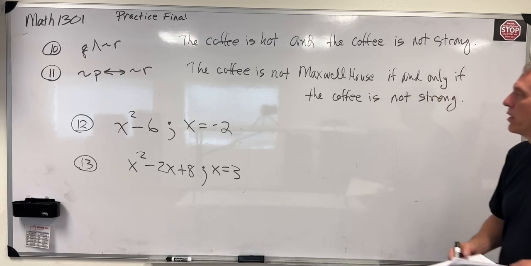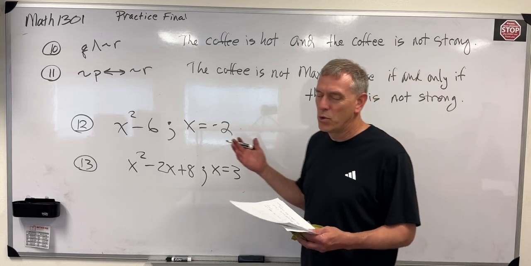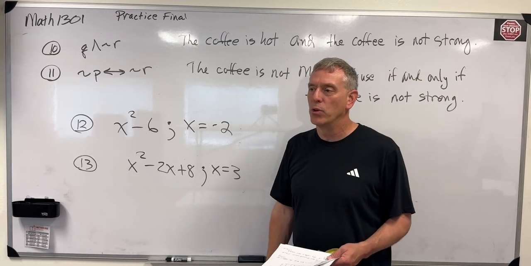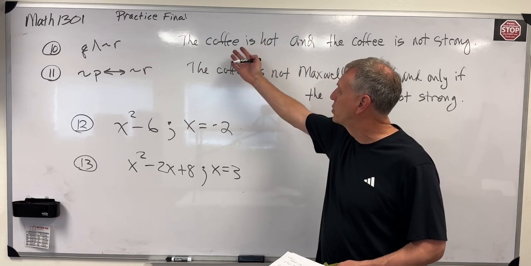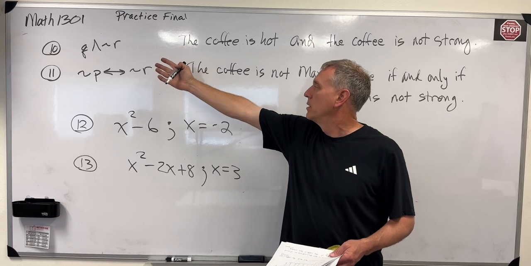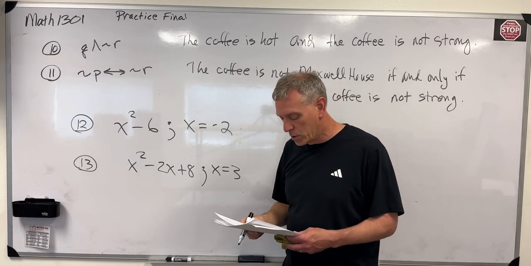That's two fairly simple logic sentences. I didn't put anything too complex on the actual final. Just want to review the basics, and this is a very basic understanding of symbolic language put into English. That's how you do those.